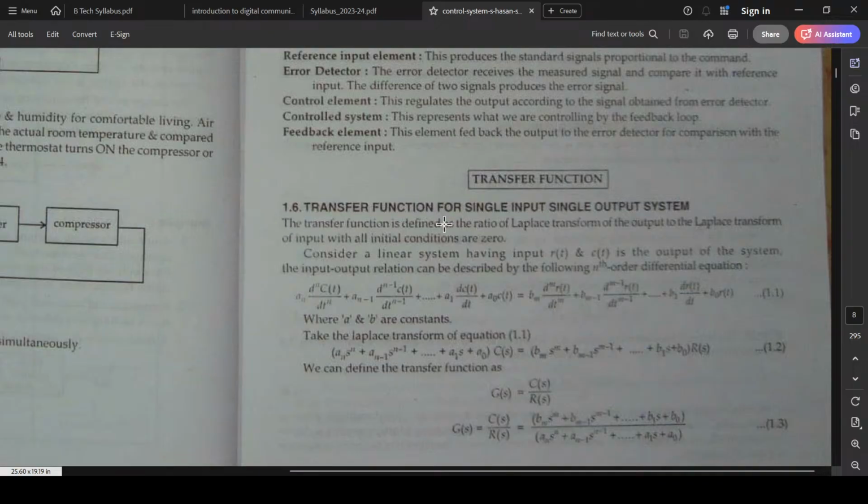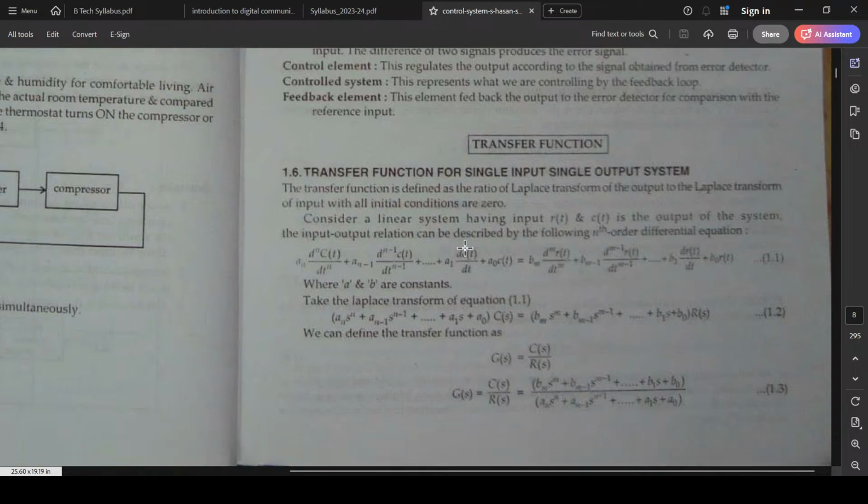The transfer function is defined as the ratio of the Laplace transform of the output divided by the Laplace transform of the input, with all initial conditions zero. We will look forward to why we need the initial conditions zero.